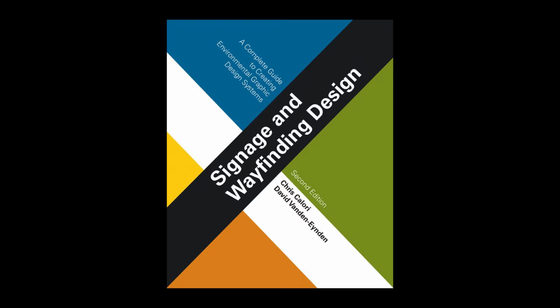Maintaining unity of 3D form across a broad range of sign mounting conditions and sizes is one of the great design challenges in signage program development, one that really gets the creative juices going.